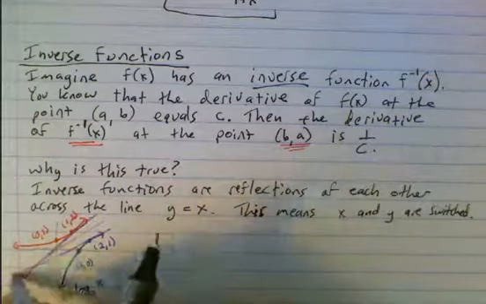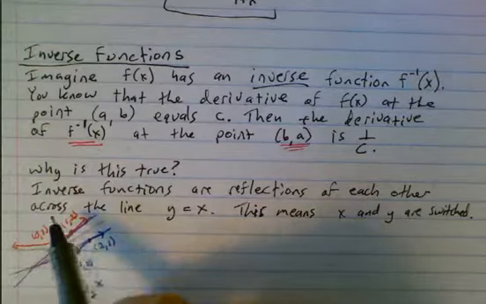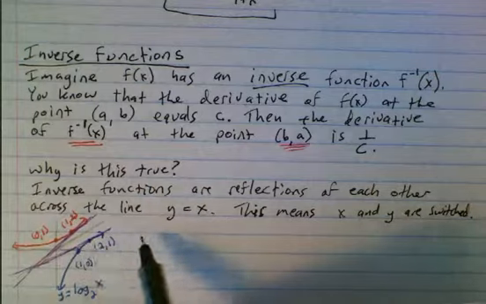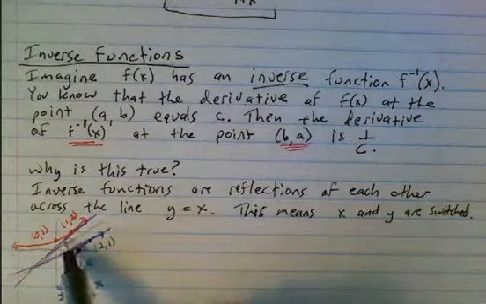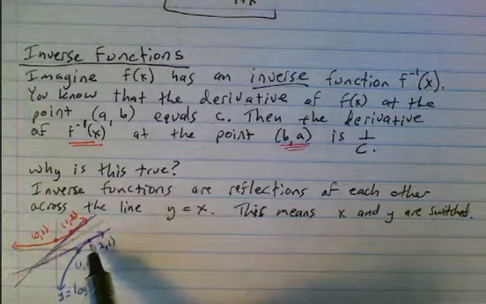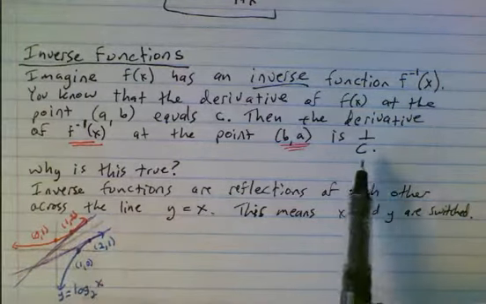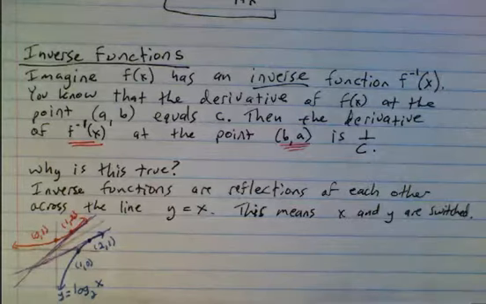This, the rise over run, y over x, change in y over change in x, has been flipped over here to be taking the other variable's place. The change in y here is the change in x here, and the change in x here is the change in y there. That's why it's the reciprocal, because basically the x and the y have changed places, and for the slope that means that it flips it over.